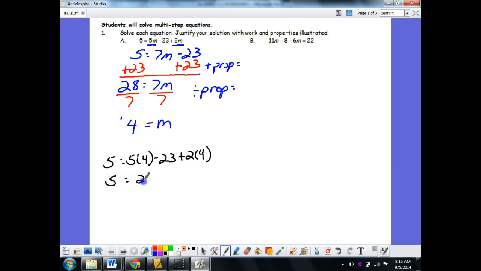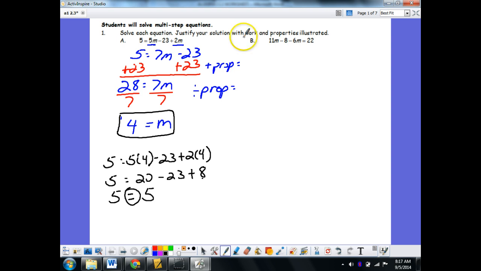So is 5 equal to 20 minus 23 plus 8? 20 minus 23 is negative 3. Plus the 8 is, in fact, 5. So it is equal. So then we know that 4 is equal to m, and our solution is correct.